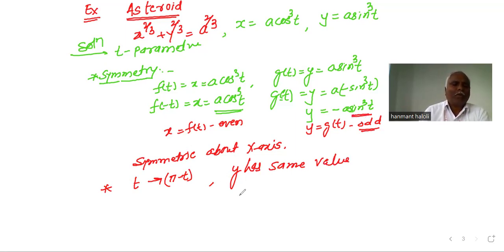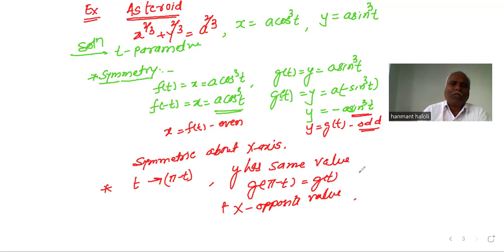Therefore, g of pi minus t is equal to g of t, and x will get the opposite value.